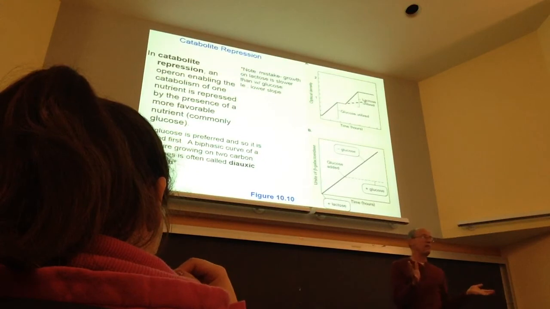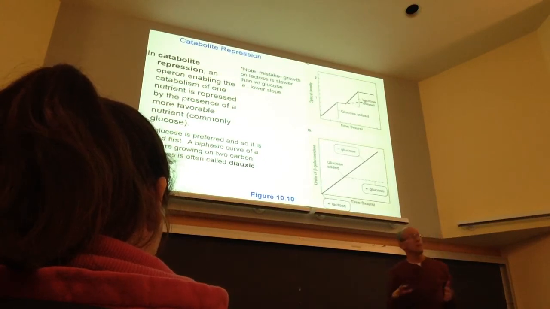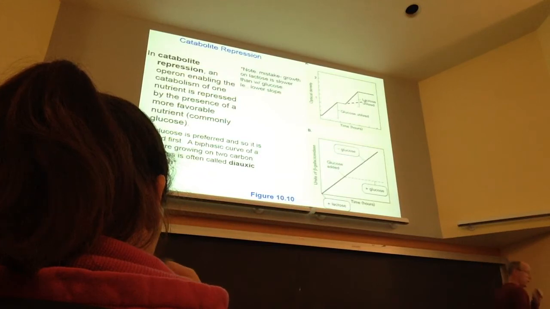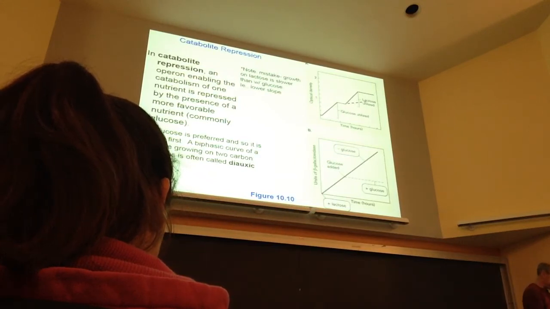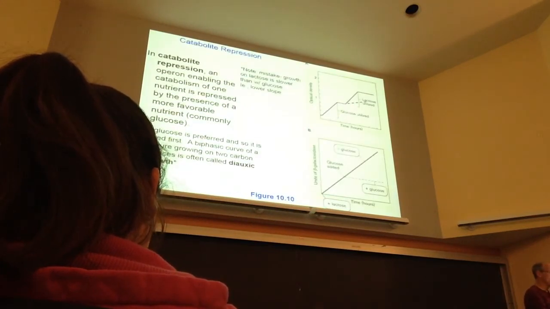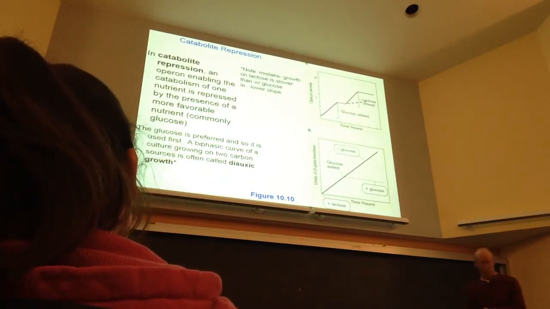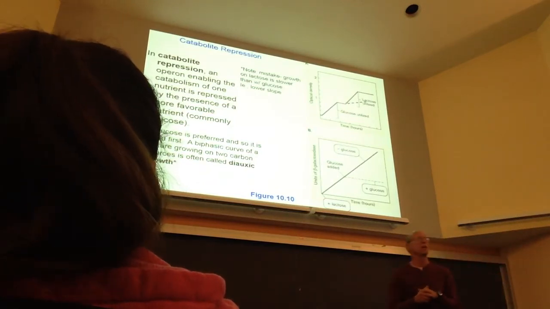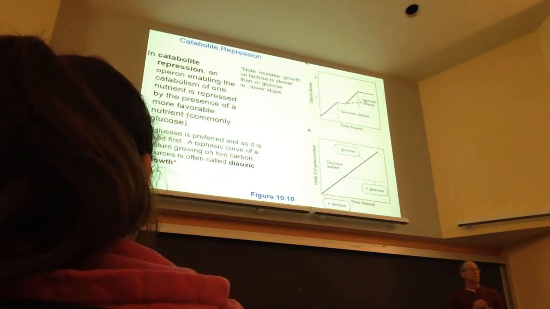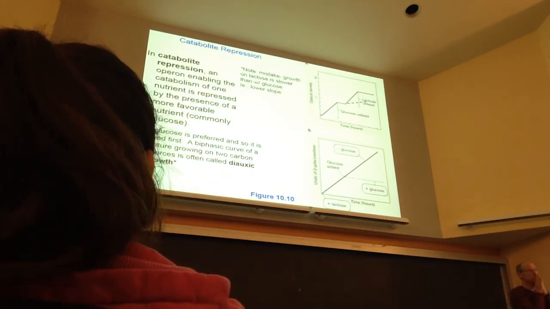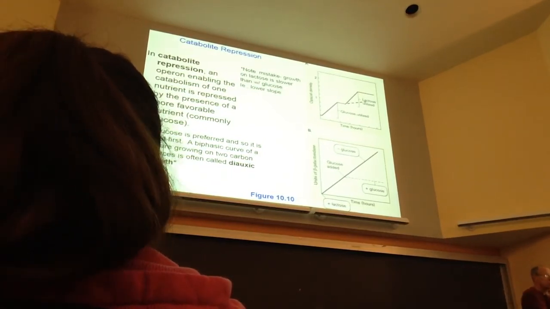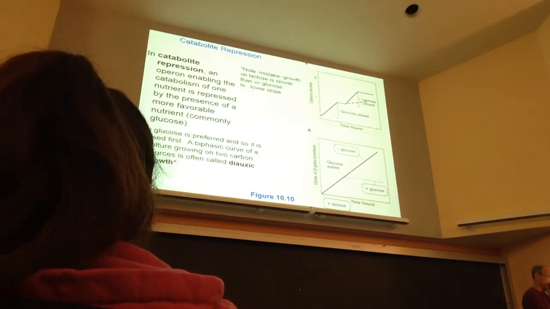So these are some of the ways that this whole pathway was figured out. Kind of experiments with cells and looking at enzyme assays. Okay, any questions on these plots and what kind of sense they make? Okay.